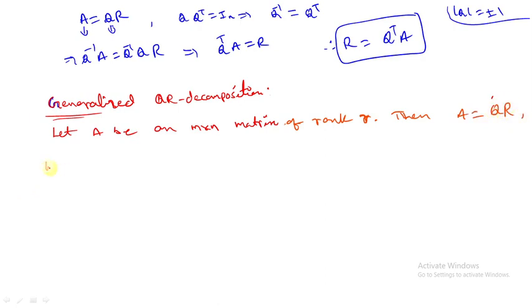where Q is an M by R matrix, not orthogonal. It has orthonormal columns, but Q is not an orthogonal matrix.